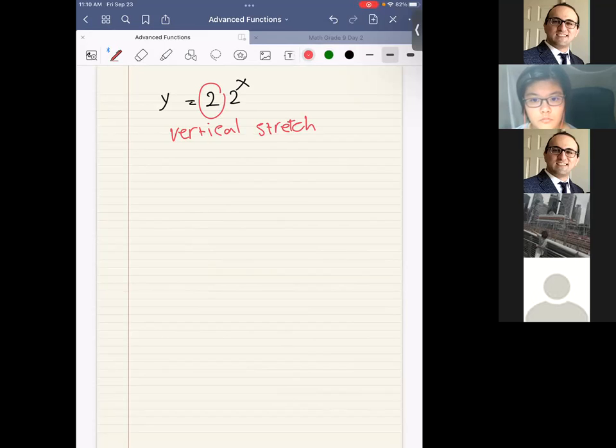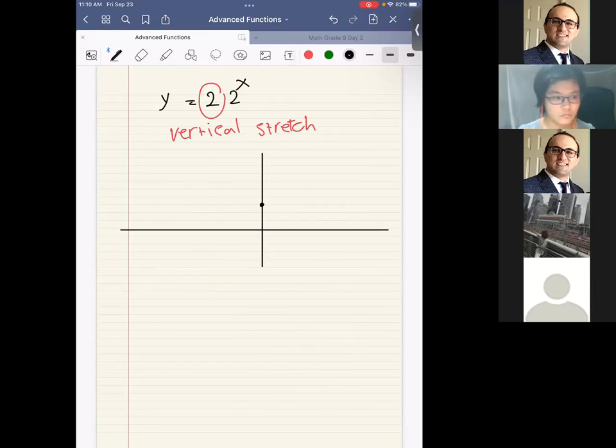Right? So let's just draw them. So what is 2 to the power x? You remember, at 0, the value of the function is 1. So that means the y-intercept is 1. And when x goes to minus infinity, it goes to 0. So it's something like this.